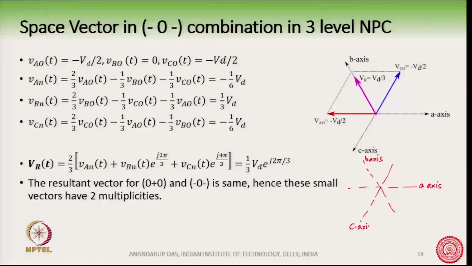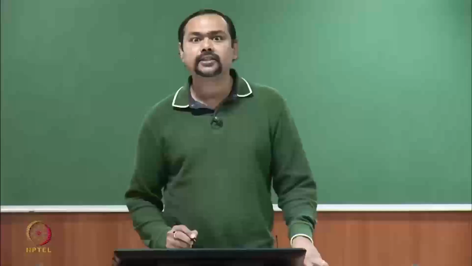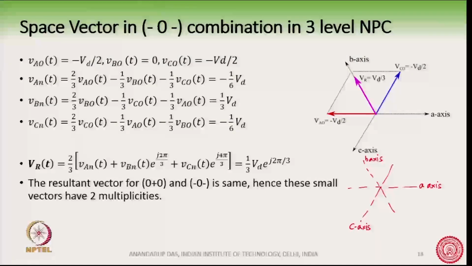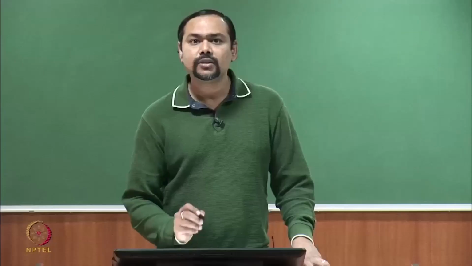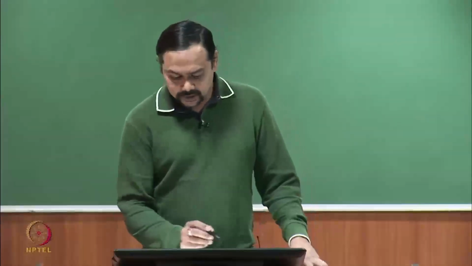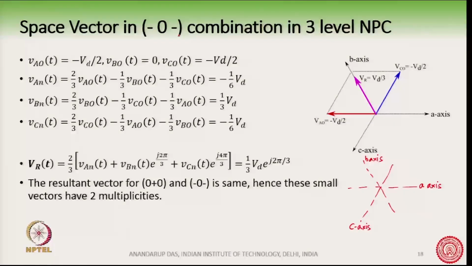I can quickly find the resultant space vector by vectorial addition on a diagram, without going into the detailed mathematics. Say you have minus 0 minus. On the A axis you have a vector which is minus this way, on the B axis you have 0, nothing, and on the C axis you have another minus like this.